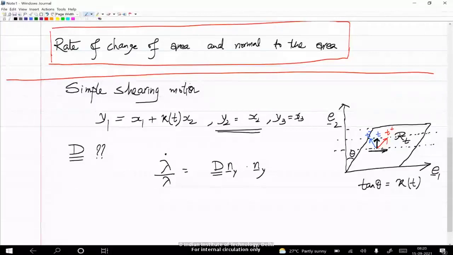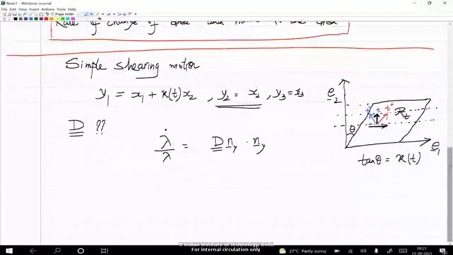So that means at the current instant, the rate of change of length must be zero, right? So let us try to see whether we are indeed seeing that or not. Okay, so of course, to get that, we have to first get the D, the rate of deformation tensor D.